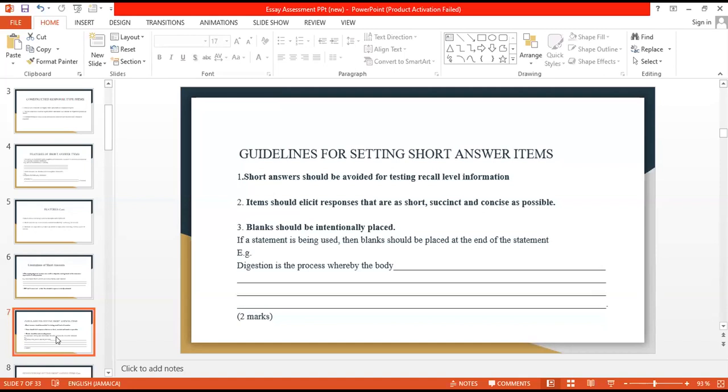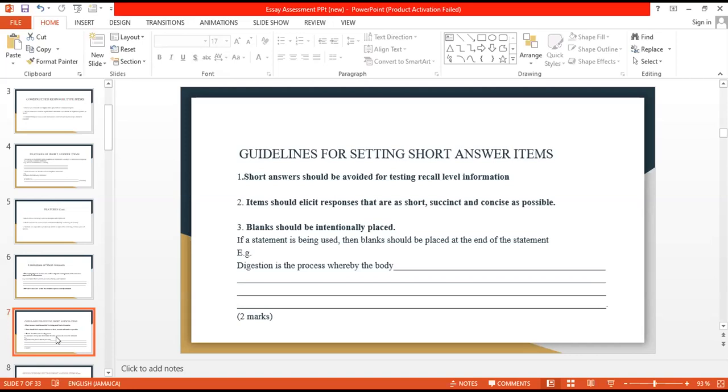Thirdly, when setting short answers, it's very important how the blanks, which are the blank spaces, are set out on the paper. If a statement is being used, then the blank should be placed at the end of the statement. For example, the student here is being asked to complete this statement: digestion is a process whereby the body.